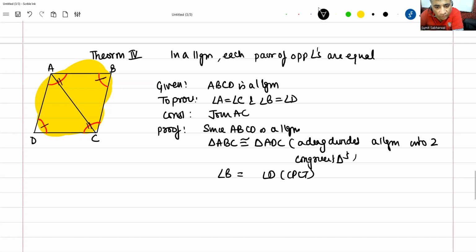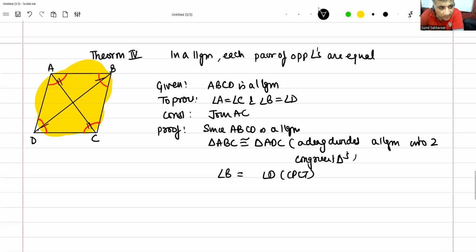Okay. Now, if you have to prove angle A and angle C as congruent, then you will have to join this BD. I think I'll just give you a brief explanation about it. Rest you can do it further. If we join BD, we can simply say ADB is congruent to DCB as a diagonal divides a parallelogram into two congruent triangles.